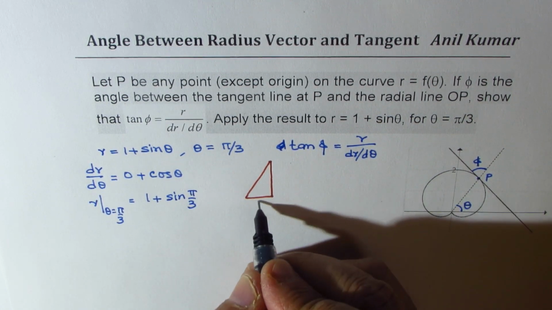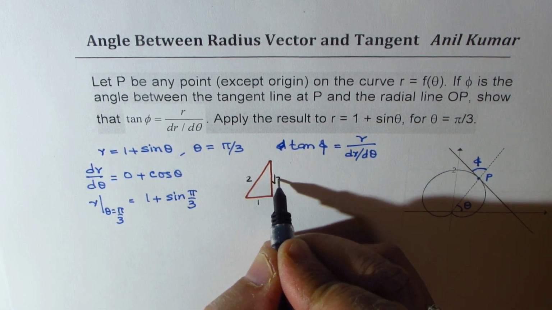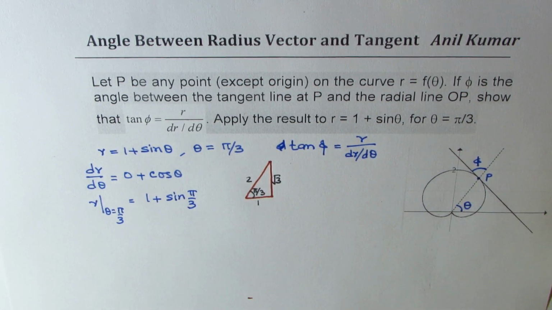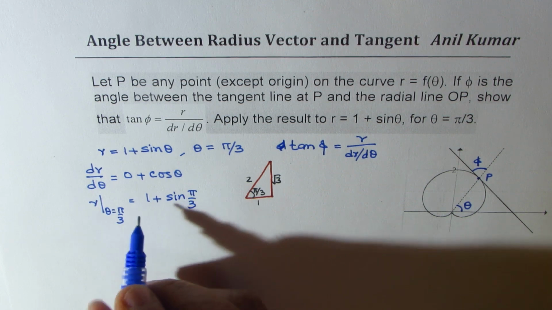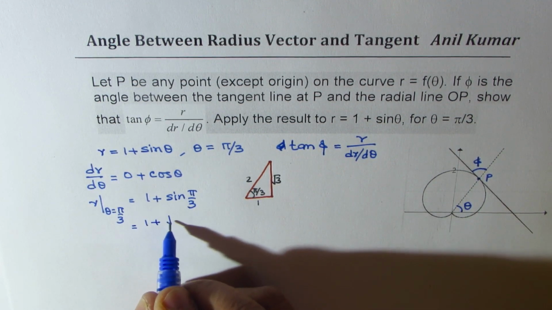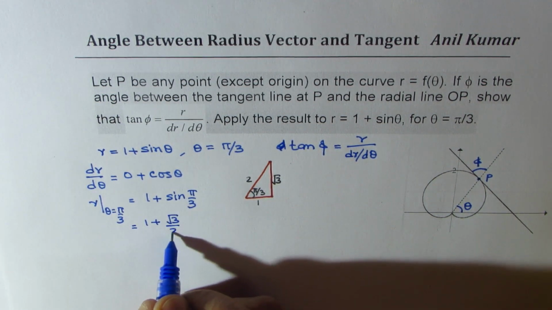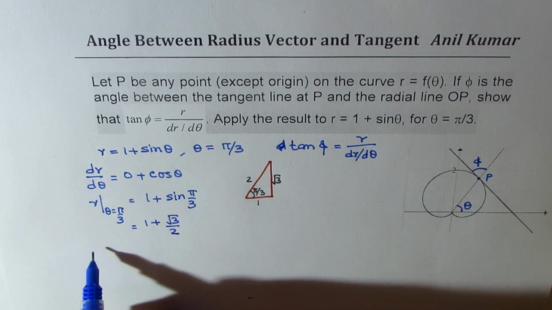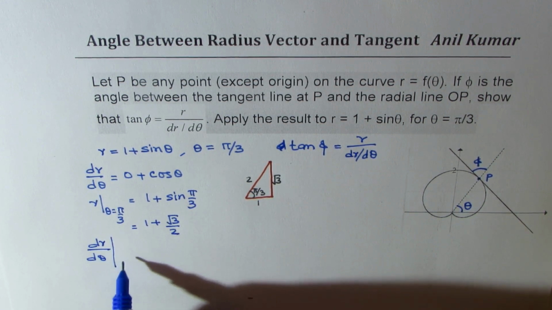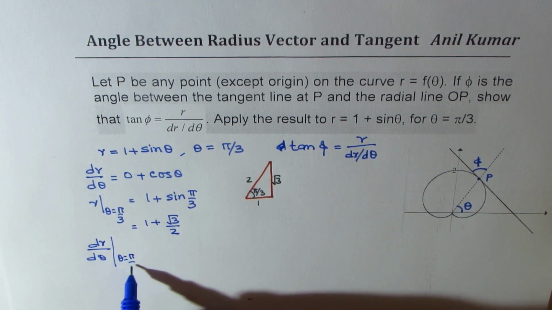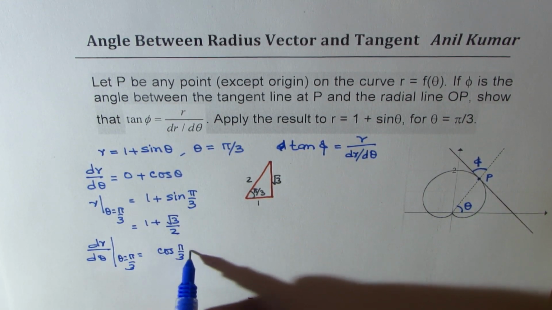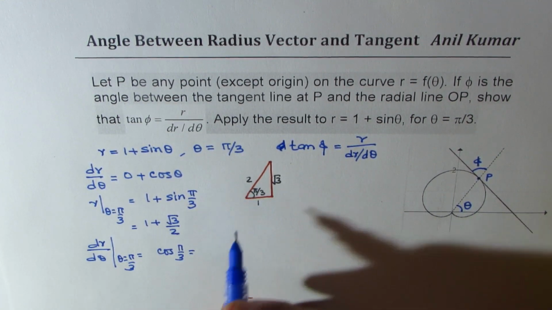Which is 1 to square root 3 for pi by 3. So the value for sine pi by 3 is square root 3 over 2. So we get 1 plus square root 3 over 2. Similarly, let's calculate dr d theta for theta equals pi by 3. It is equal to cos of pi by 3, or half.